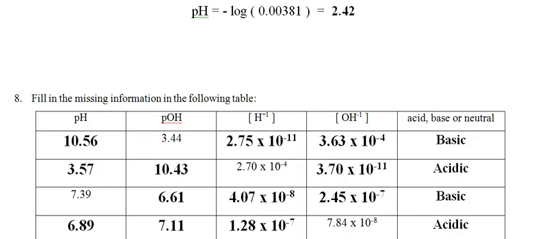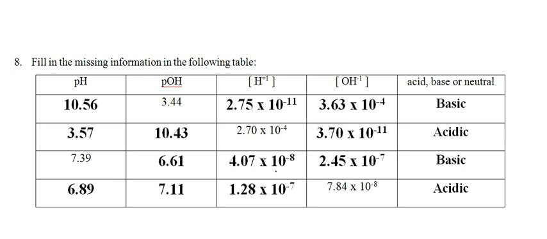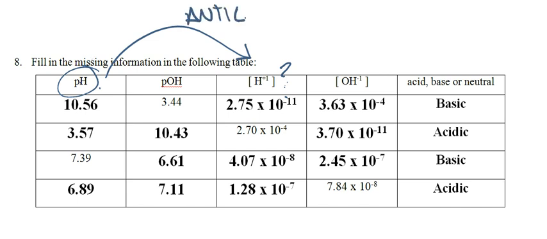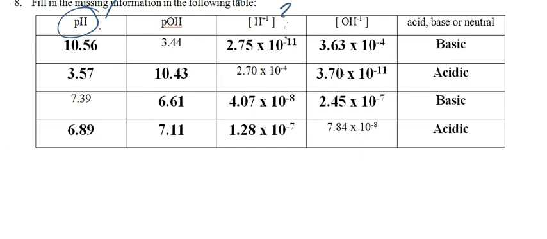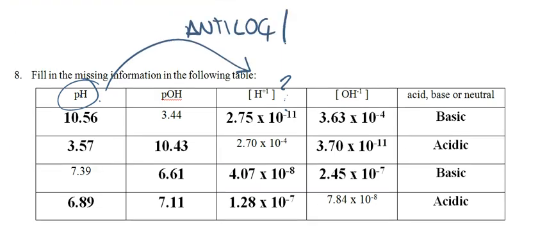All right, then number 8. This is just using your calculator. Again, if you're given a pH and you want to find the hydrogen concentration, so I know this and I want to know what this is, then to go from here to here, I'm going to take my anti-log of my negative pH. Negative pH.